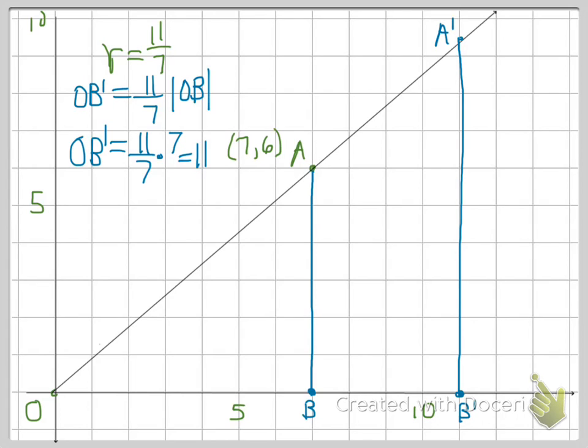If I look over on the y-axis, that's lining up with a little bit more than 9. So the x-coordinate of A prime is 11, and the y-coordinate is 9 something. So we could probably mathematically figure out what the y-coordinate is.